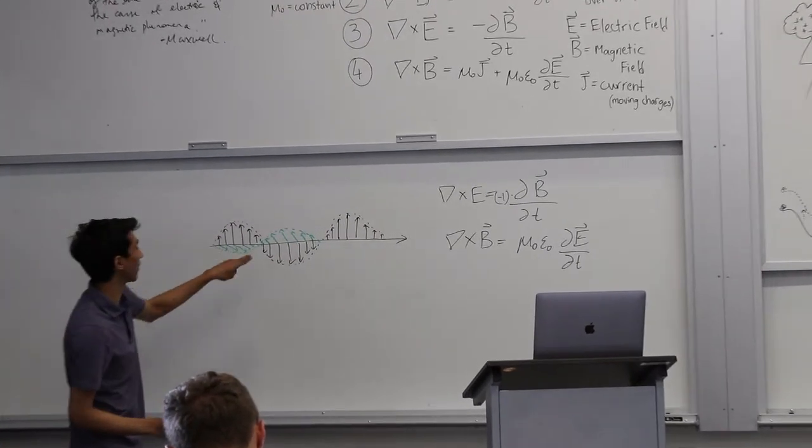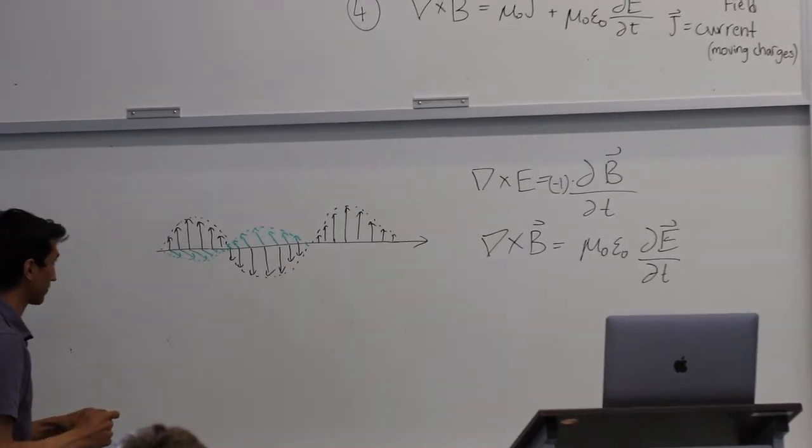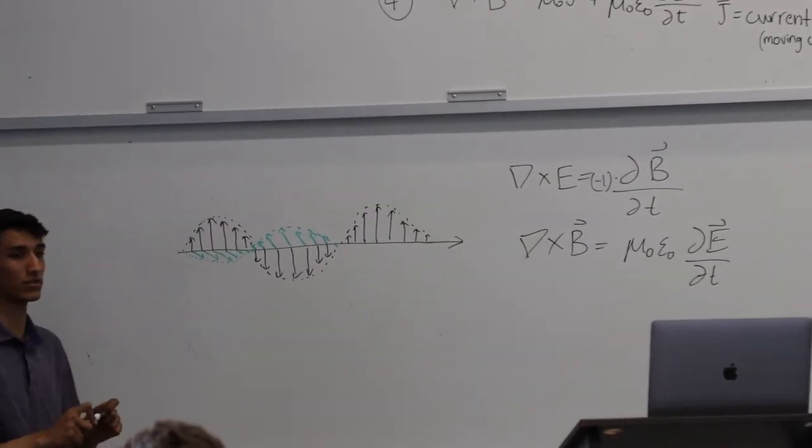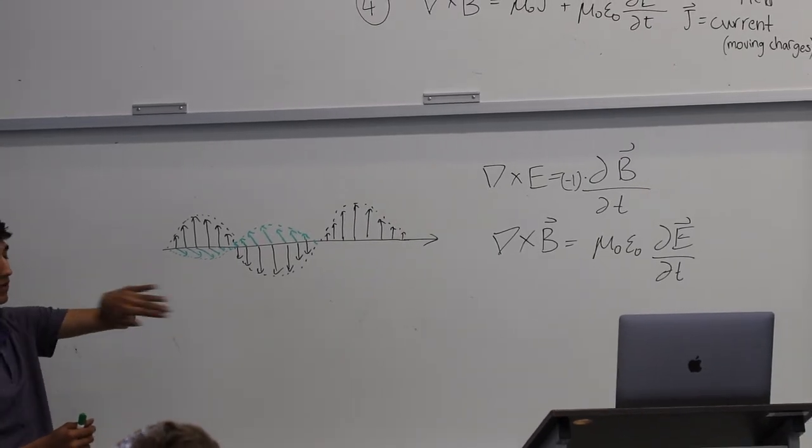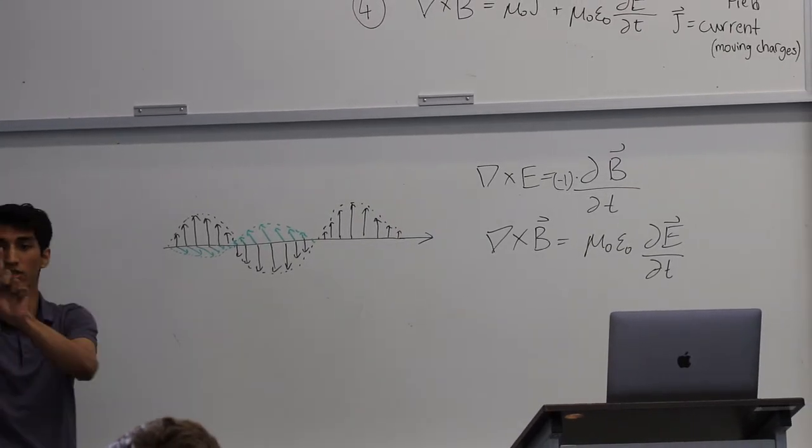These go in and out of the page. So the electric field and the magnetic field are 90 degrees opposite to each other.